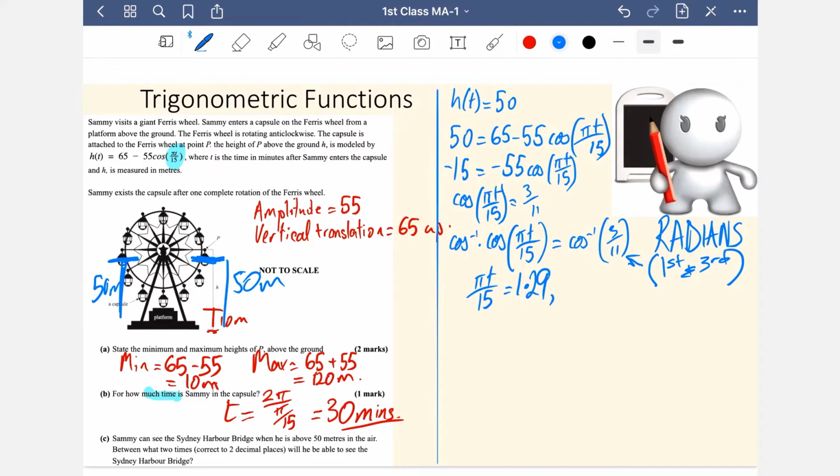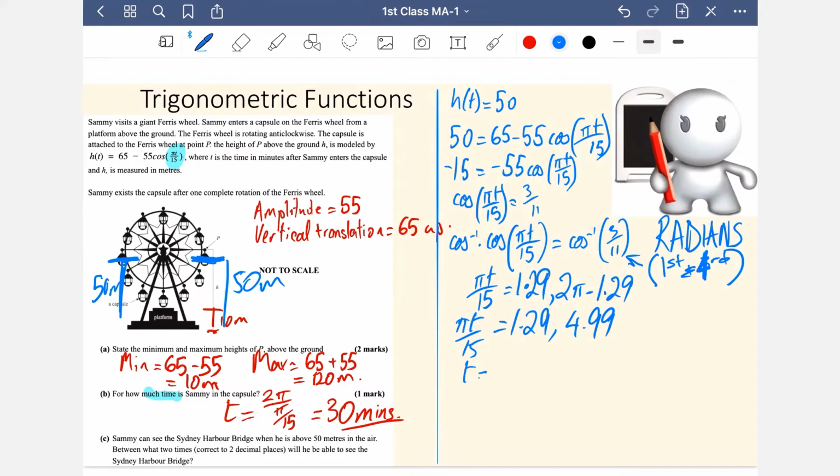And cos is positive in the fourth quadrant. Now how do I measure angles in the fourth quadrant? Well, I measure it by doing 360 minus. In this case, because it's radians, it's going to be 2 pi minus 1.29. So the two answers that I'm after are 1.29 and 4.99.